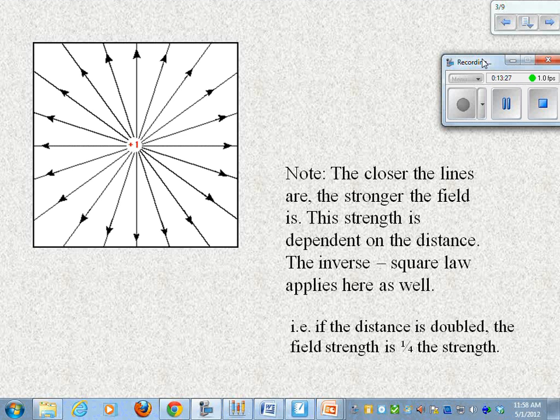Instead of taking 2 squared, I'm going to go 2.5 squared. What's 2.5 squared? 2.5 times 2.5 is 6.25. Thank you.